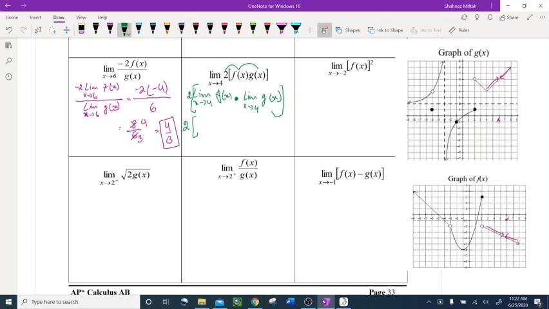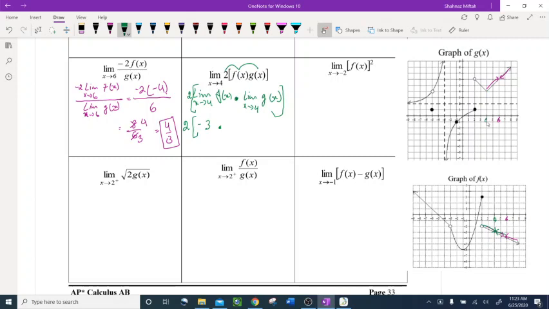This is my f of x, and that's 4. The graph that goes with 4 is this one, because up here I don't have any graph. When I start from the left and approach the y value at 4, I'm getting negative 3. When I approach from the right, I'm getting negative 3 right there. So this is negative 3 times the limit as x approaches 4 of g of x.